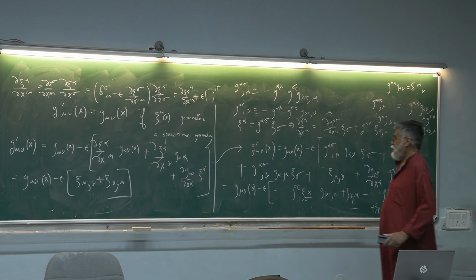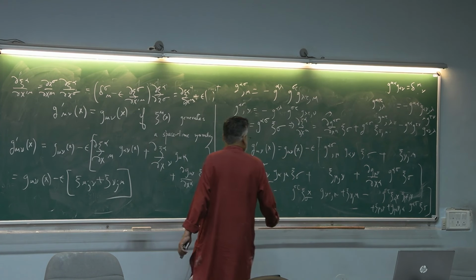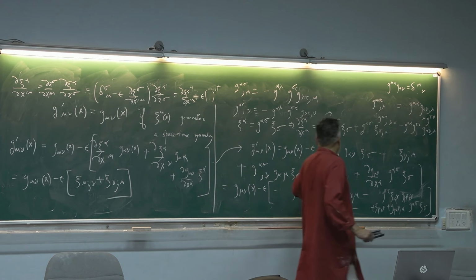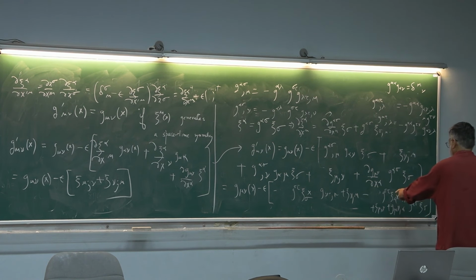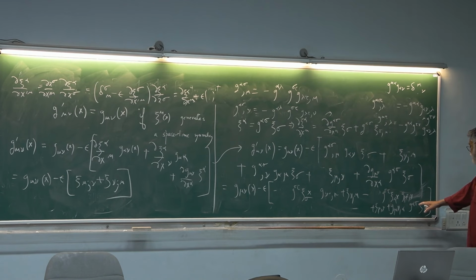Now, you see what has happened. I have now G sigma tau here, G sigma tau here, and this object I want to label alpha as tau. So alpha is a dummy index, I'll call it tau. Alpha is tau.